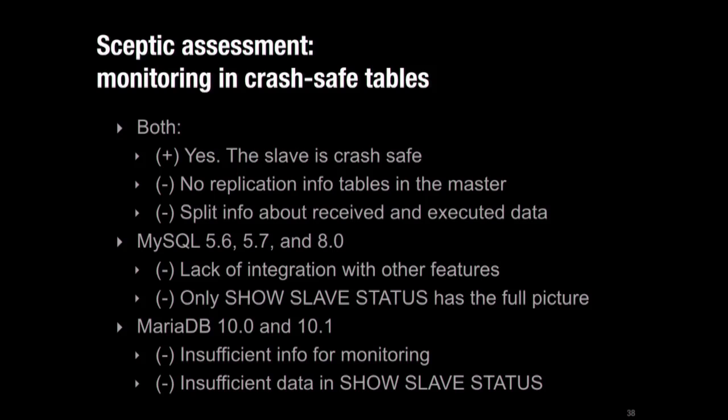There is a split of information about received and executed data. Basically, if you want to have the full picture of what is happening in the slave, you still need to use show slave status if you want the information in one place. Otherwise, you have to query two tables or one table and one variable. In MariaDB, as we said before, we have insufficient information for monitoring. And also in show slave status, we don't have everything that we need.